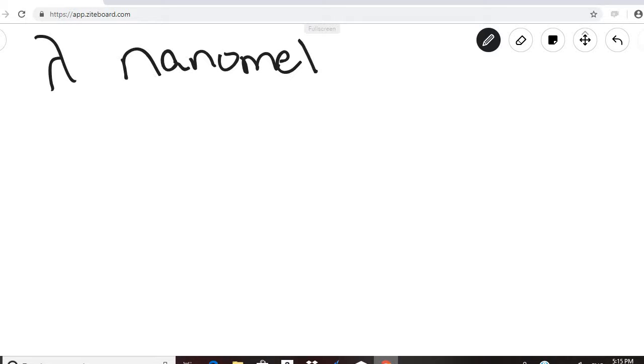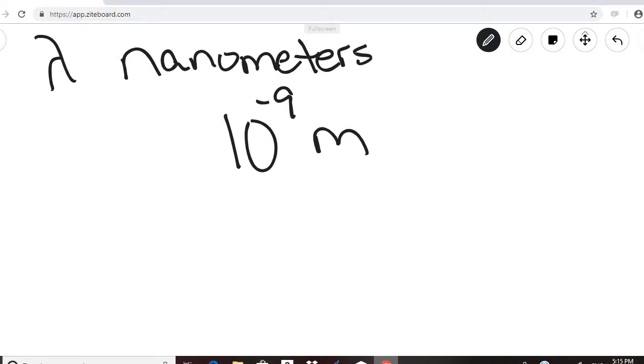The units for wavelength in the visible spectrum are nanometers. And a nanometer is 10 to the negative 9 meters. So red light has a wavelength of 700 nanometers.